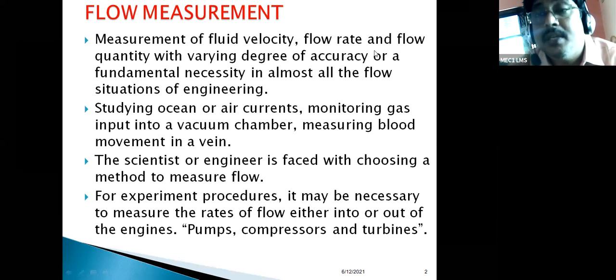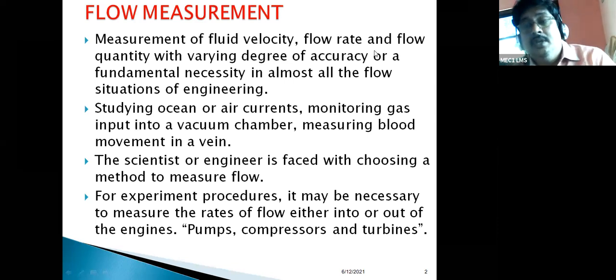In chemical plants, cooling flow rate in and out is badly needed, especially in chemical plants or pharmaceutical industries.